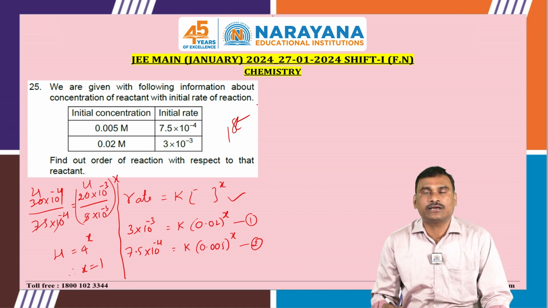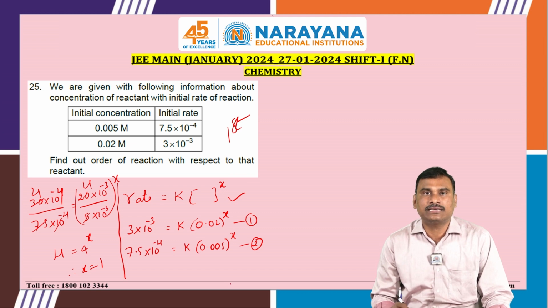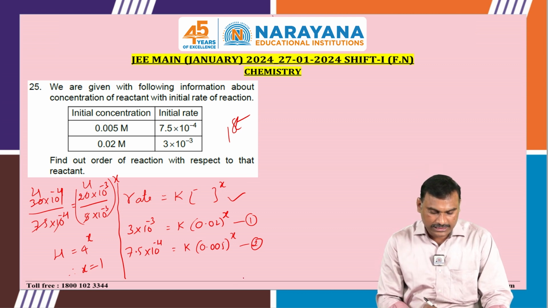We can easily solve the question when the concentrations and the rates are given. This is the better way to get the answer. Now let us go for the next question, students.